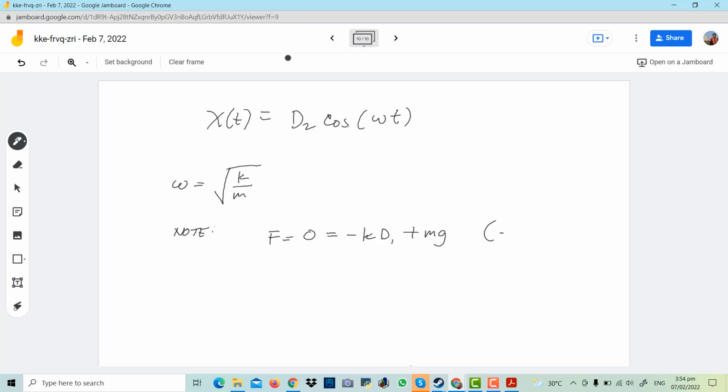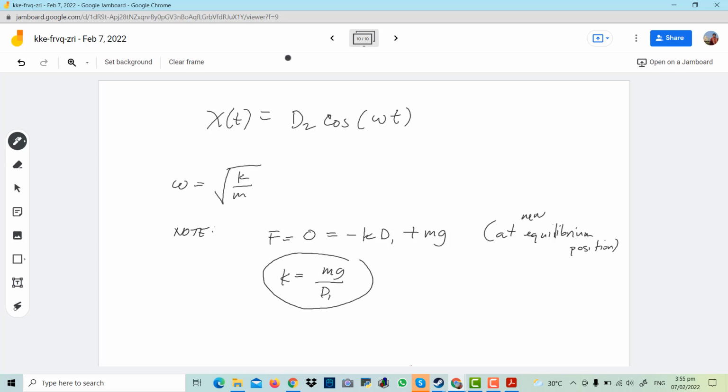This is at the new equilibrium position, where the summation of forces at that point is equal to 0. So we have minus k d1 plus mg, and therefore k is equal to mg over d1.